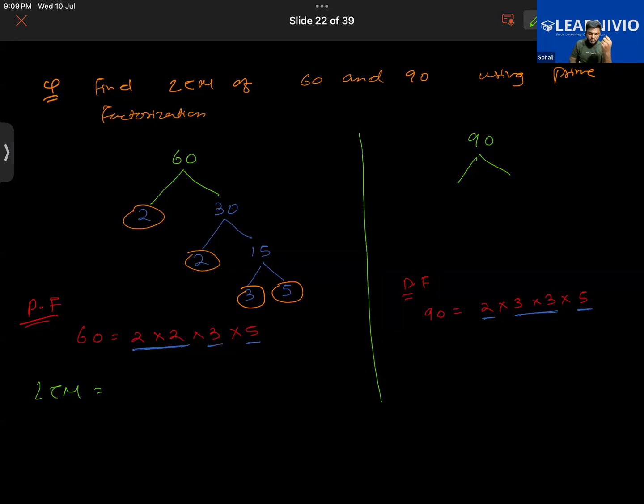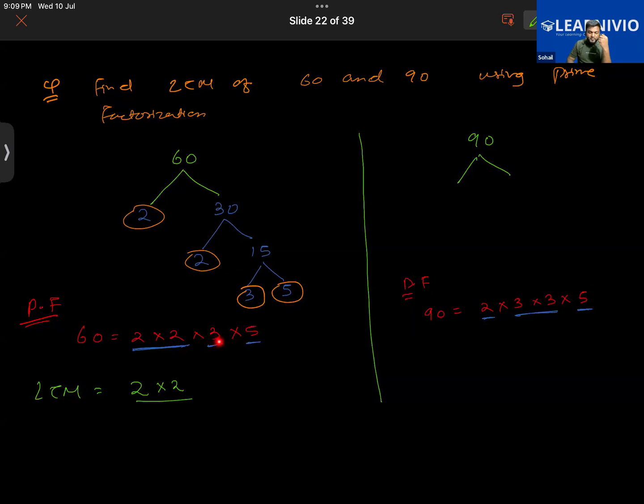For example, you are going to take 2 out of this and this, in which case it is maximum. In the case of 60, it is 2 times, so you will take these 2s. Got this so far? Yes. Okay.